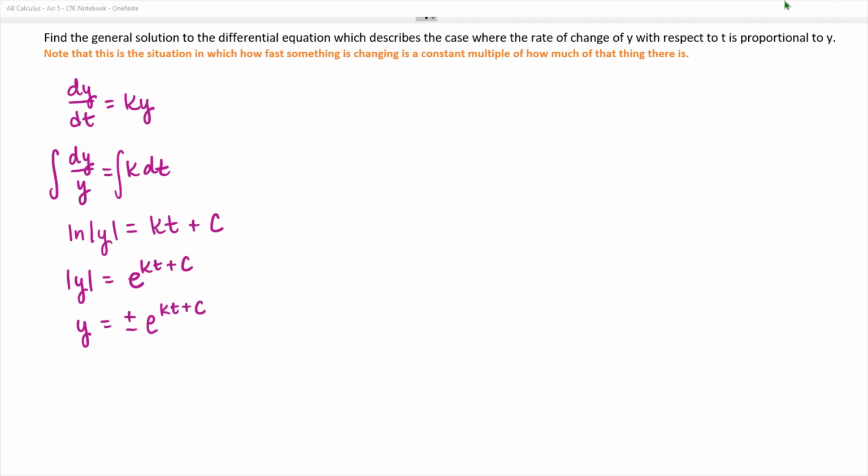We can make it a little bit nicer looking if we notice by exponent rules that expression right there could be written as e to the kt times e to the c.